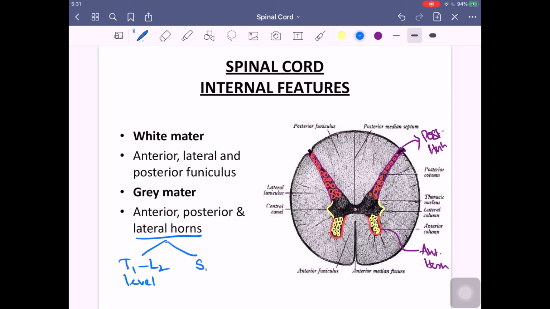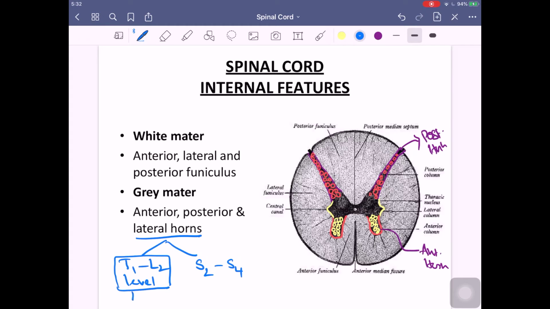Then there are horns in your lower region, from S2 to S4, that is S2, S3, S4. From L3, L4, L5, S1 you don't have any lateral horn, and after S4, that is S5 and coccyx 1, you don't have a lateral horn. So the lateral horns are present in only these two areas.